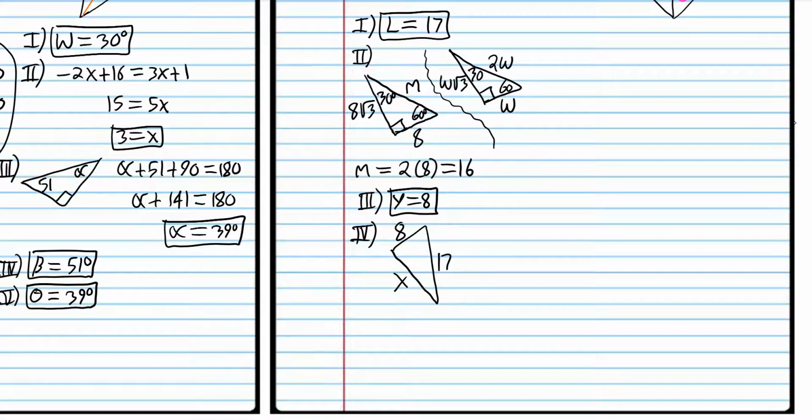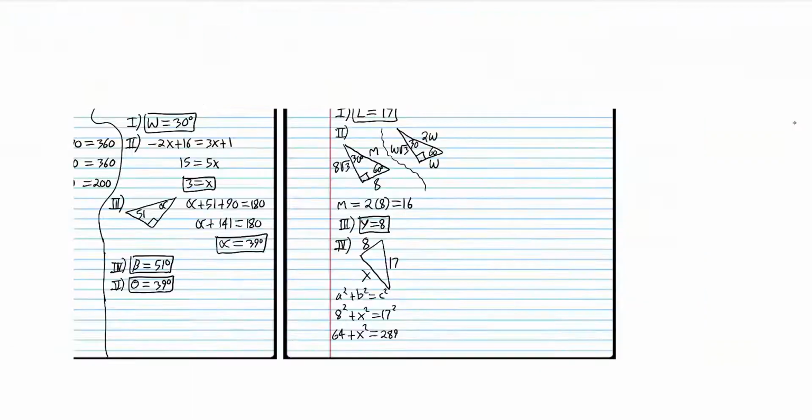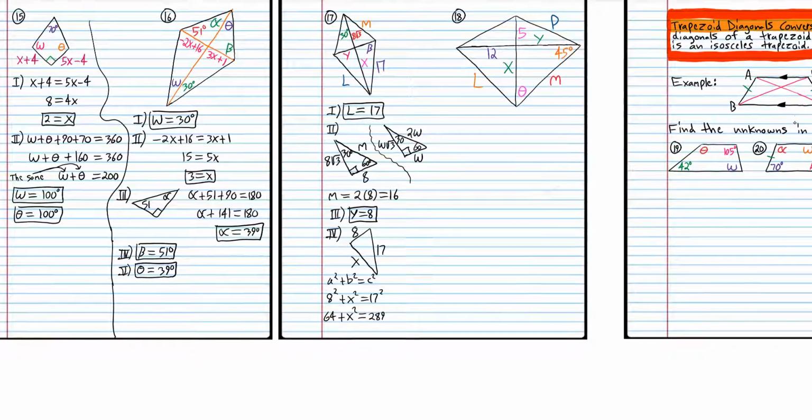We can use the Pythagorean theorem. So a squared plus b squared is equal to c squared. And we have 8 squared plus x squared is equal to 17 squared. We get 289. You can use a calculator for that if you want to. And we actually already did this calculation, so it doesn't look like we really have room to show all the steps of that.